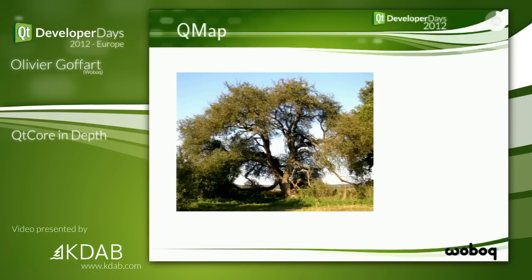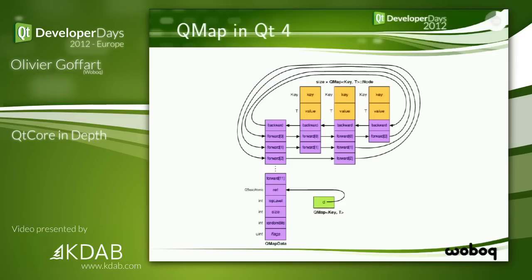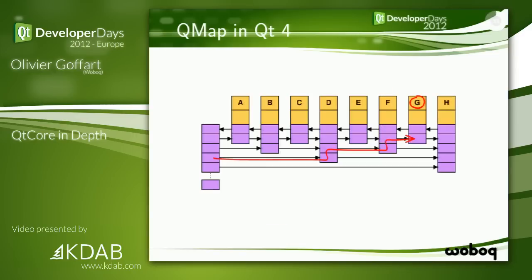Then let's talk about associative containers like QMap. It's a tree. At least it's a tree in Qt 5, because in Qt 4 it was a bit more complex. It's called a skip list. You have several levels, and when you look at an element, you can quickly find it because all your elements in QMap are sorted.